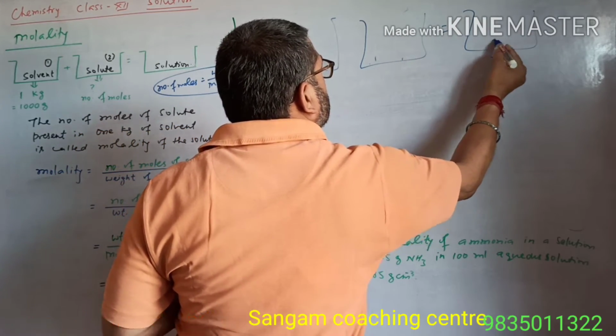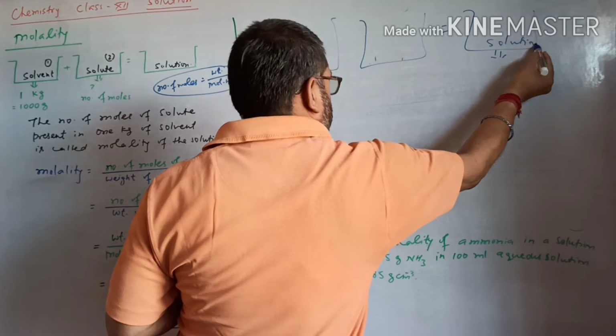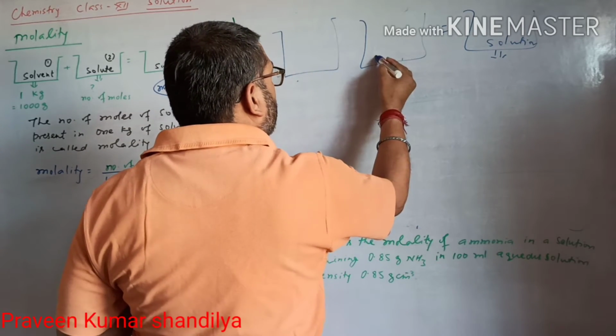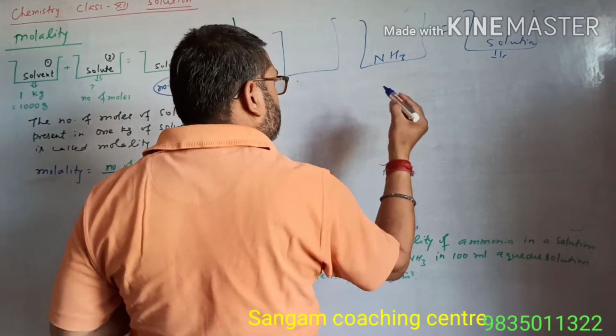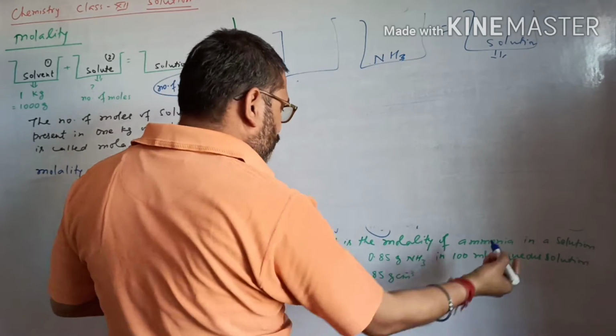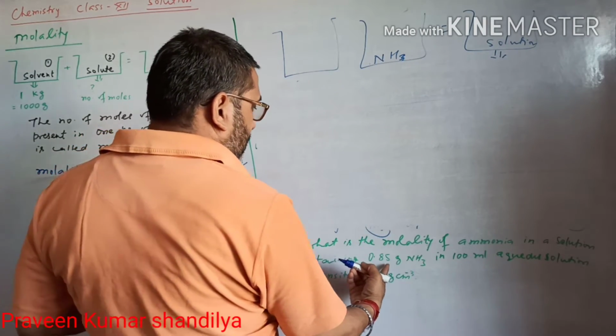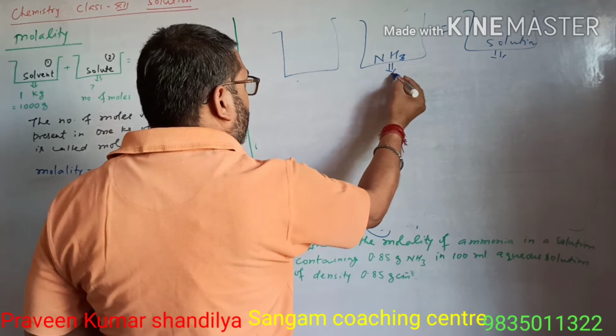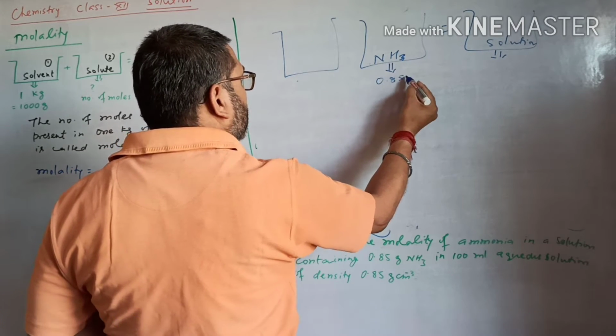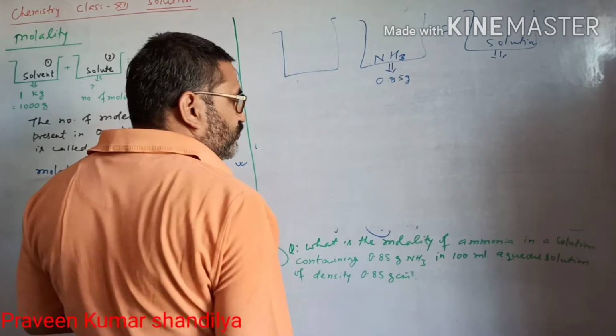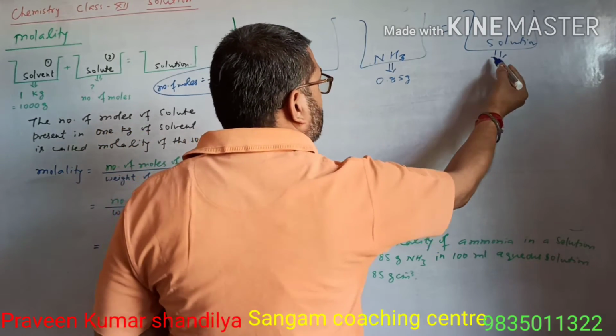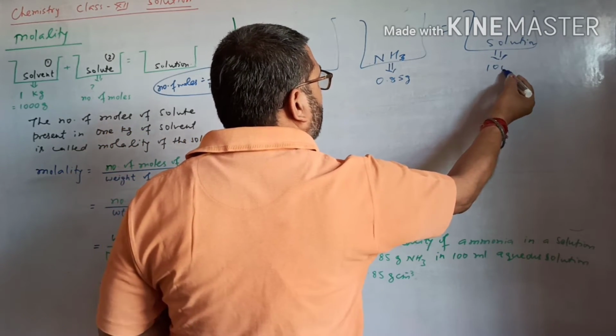This is the solution, and here is ammonia, containing 0.85 gram ammonia in 100 ml aqueous solution. The solution is 100 ml.